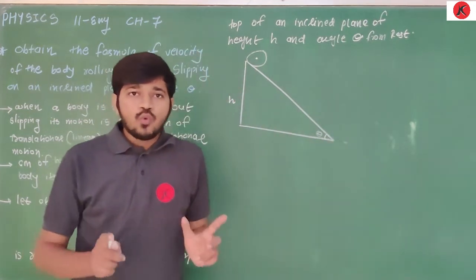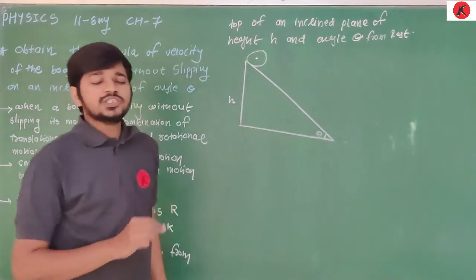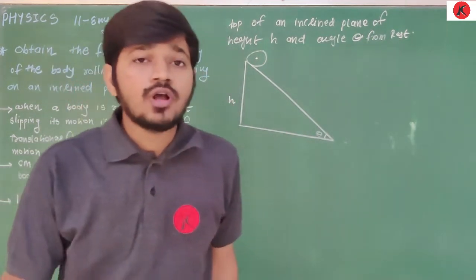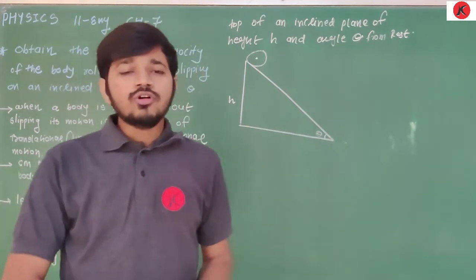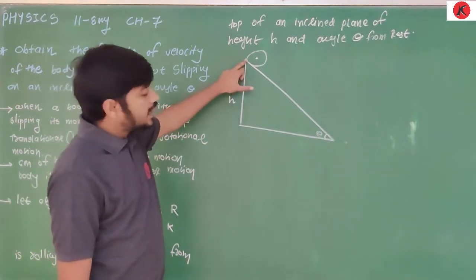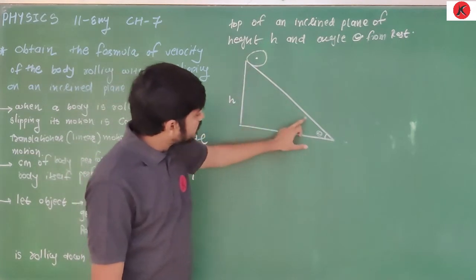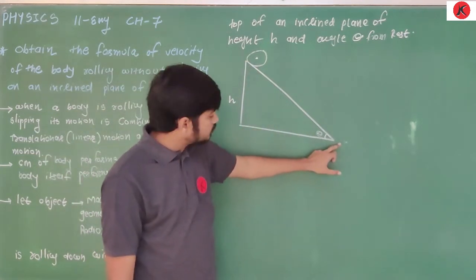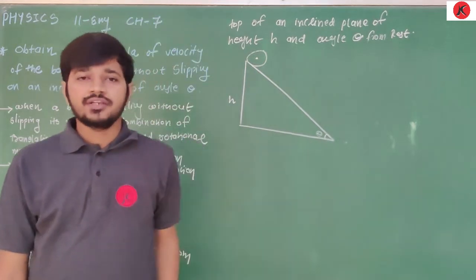When it reaches the bottom, its potential energy becomes 0, but its kinetic energy becomes maximum. So in an easy way we can say, at the top it has potential energy, and when it rolls down without slipping and reaches the bottom, its potential energy is converted into kinetic energy.